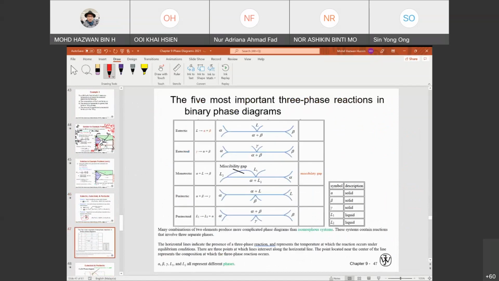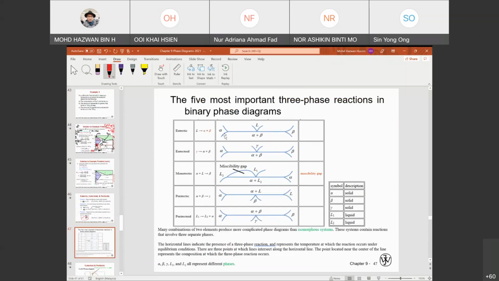And for more complicated reactions, you will have eutectic, eutectoid, monotectic, peritectic, and peritectoid. All of these can be identified by simply looking at any horizontal line that forms in the phase diagram, and you just see what will be at the top and the bottom.